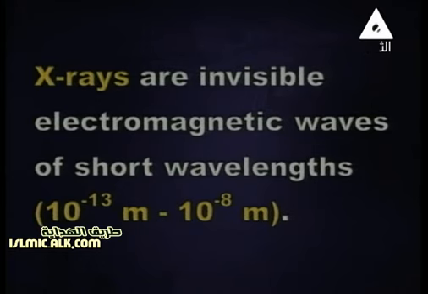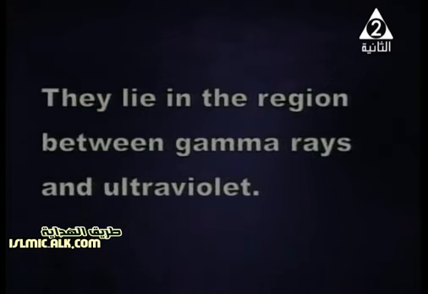Wavelengths range from 10 to the power of negative 13 meter to 10 to the power of negative 8 meter. They lie in the region between gamma rays and ultraviolet.